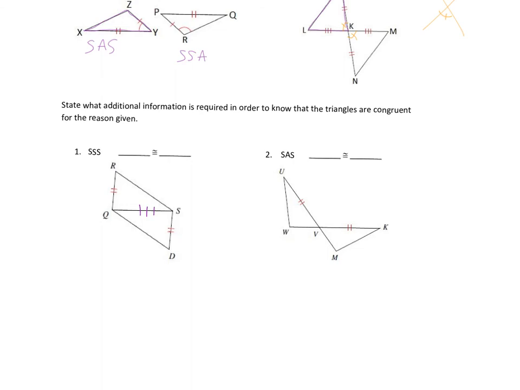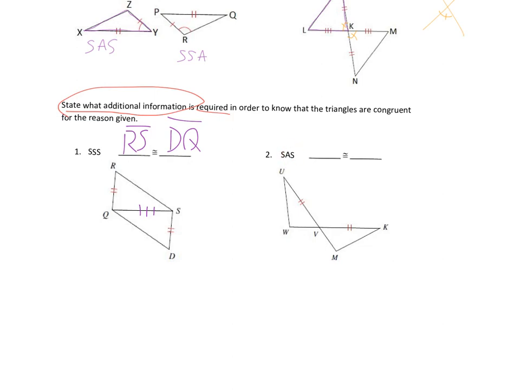So what we really need to know is whether or not segment RS is congruent to segment DQ. Because if RS is congruent to DQ, then we're good. If it's not, then we're not. So again, folks, all we're doing here is figuring out the additional information that is required. Okay?